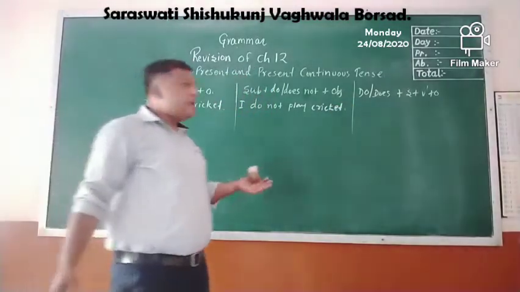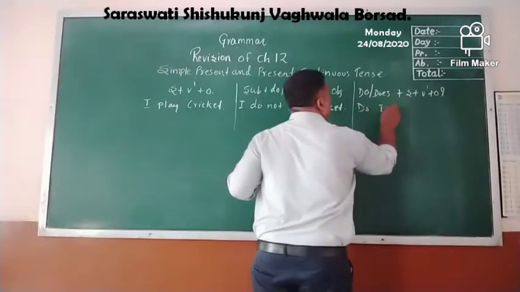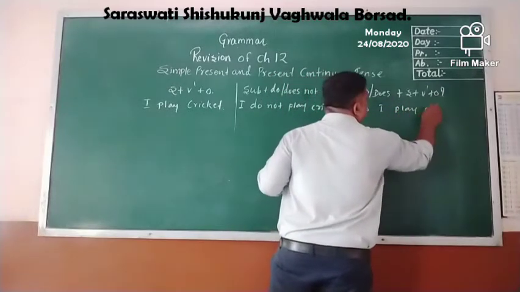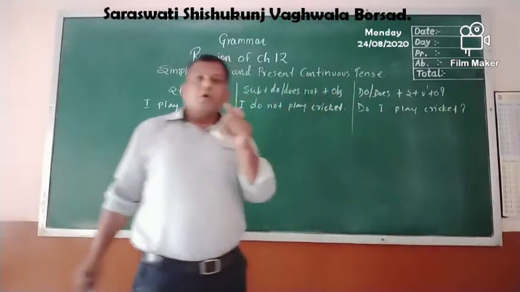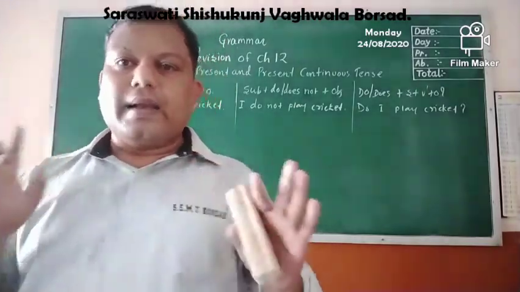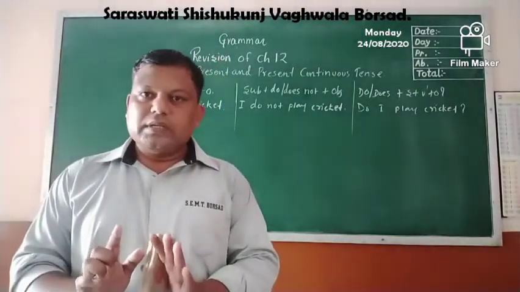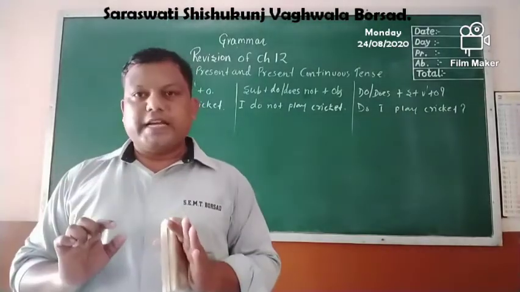Correct? And interrogative, in order to ask a question, we say, do I play cricket? Now you see here, I haven't used is, am or are. I have just used subject, verb and object.